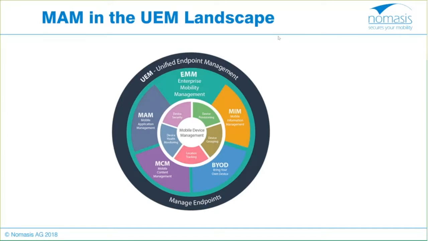Before going into mobile application management, let's have a look at where MAM, mobile application management, is located in the unified endpoint management landscape. This is courtesy of 42gears.com, an image which impressively shows how big the piece of cake of mobile application management has become today.